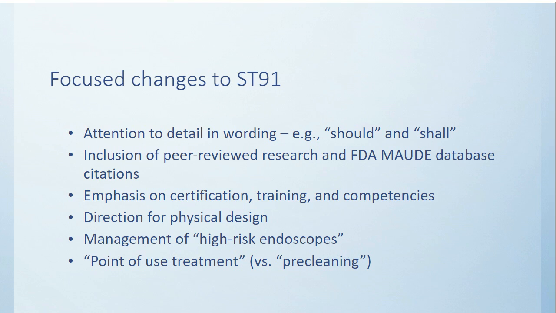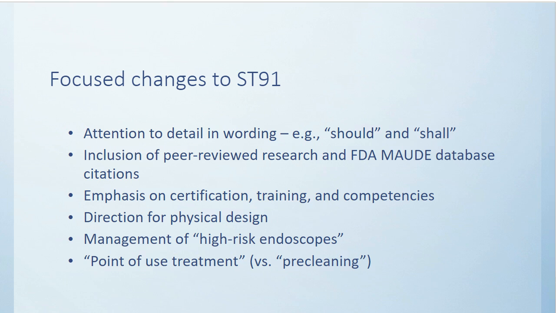So we've included that as peer-reviewed research citations, and new this time is we included FDA MAUDE database citations, because most facilities don't have the time or really want to dive into what's reported to the FDA in those safety alerts, those safety reports. So we did that, and if we found a citation that really matched what our other evidence was saying, and also supported the recommendation or requirement that we were making, then we did include that, which was new.